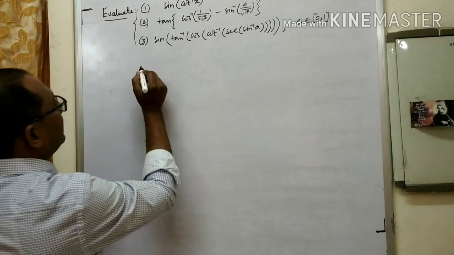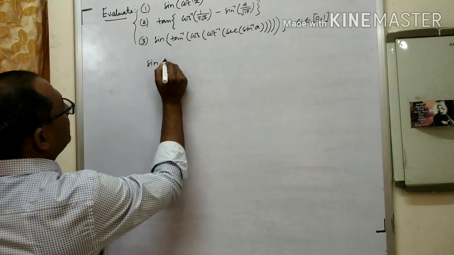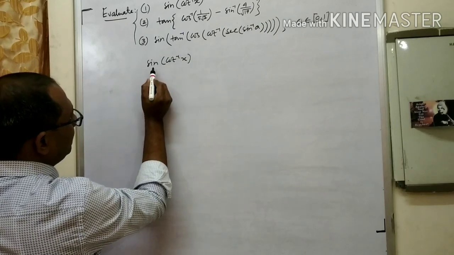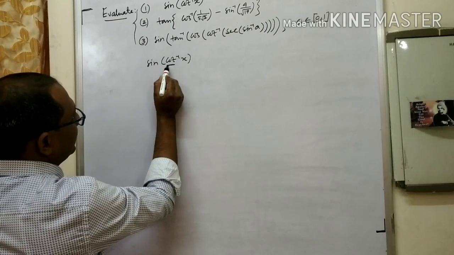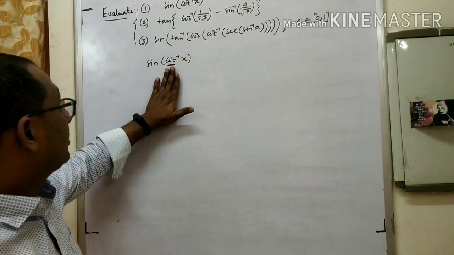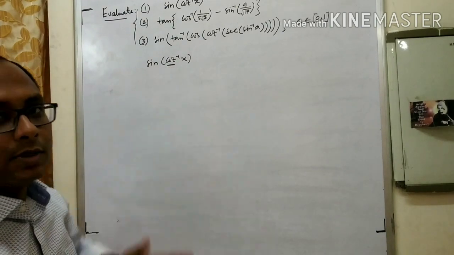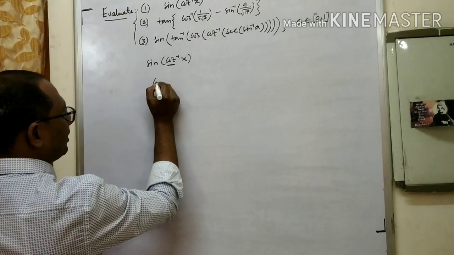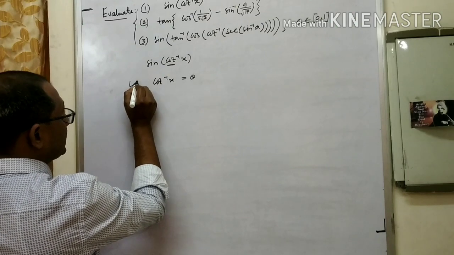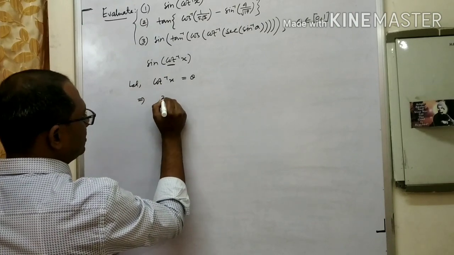Okay, see, sine of cot inverse of x. So my aim will be to get here one sine inverse. How do I convert cot inverse to sine inverse? So this question has to be done like this. Cot inverse of x, we'll take as theta, so that x equal to cot theta.